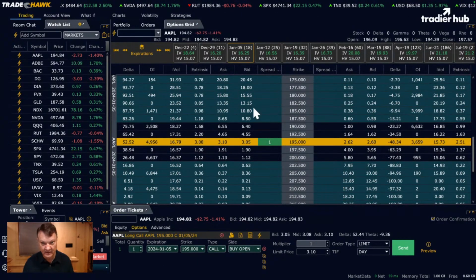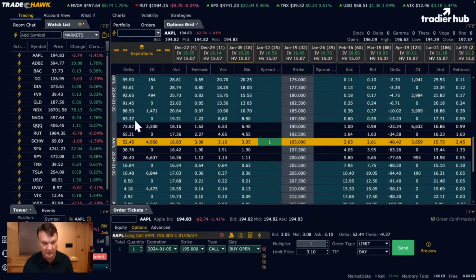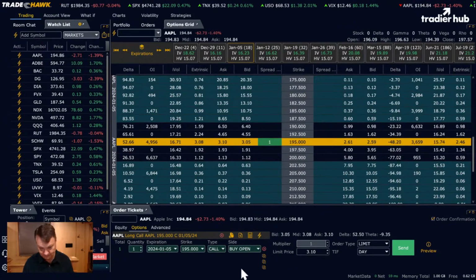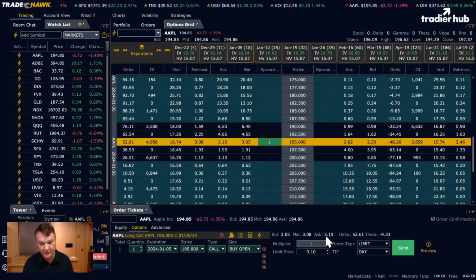Here's the expiration date. As I mentioned, January 5th expiration, 18 days remaining. And I can double check by looking over here, January 5th, 2024. Buying that one option contract. The current price is $3.10 if we bought it. That would be $310 if we paid where the current market was at.